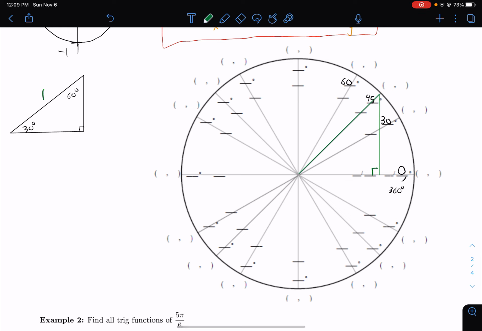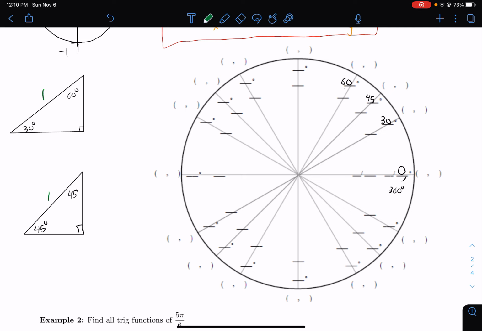So I'm going to get a 45, 45, 90 triangle. Let's draw one of those. So 45, 45, 90. Okay, so this is going to give me a 45, 45, 90. And again, the radius is 1, so that's going to be the hypotenuse of this triangle. It's going to be 1.